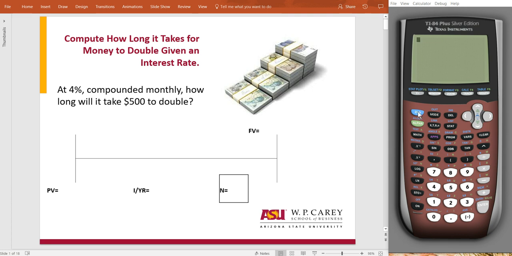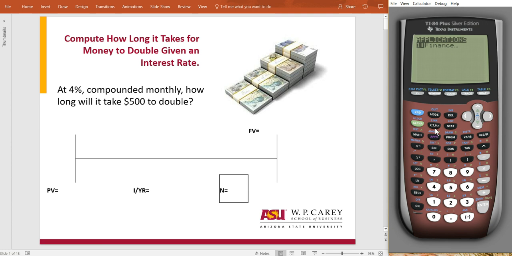So first, if your calculator's off, what you're going to do is go down here and press the on button. Once your calculator's on, you'll know it's on by its flashing up here. The next step into getting on to solve for the financial problems is you're going to go, if you just follow my cursor, I'll try to, when I click, have a little circle come along. We're going to go down here to the apps, and you'll press that.